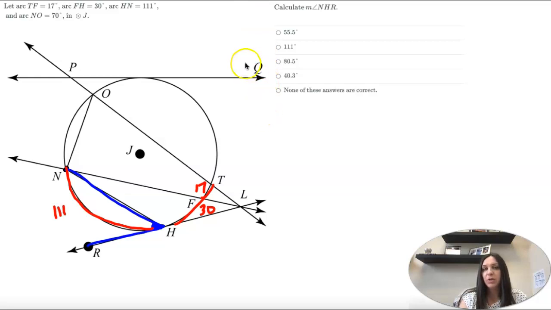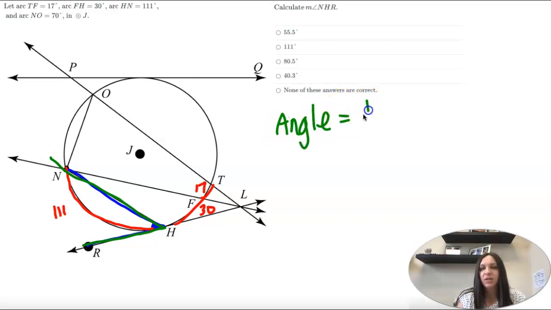So the theorem that we're using, it's in the book or the notes if you read through it, is saying if there's an arc of a circle with a tangent line and a chord or a secant line, that the angle that's made actually equals half of the arc made by the secant line and the angle.